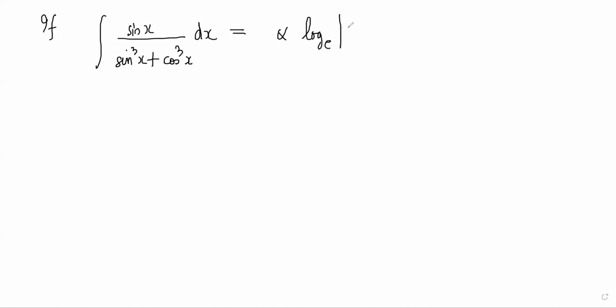If the integral of sin x by sin cube x plus cos cube x dx is equal to alpha log base e of 1 plus tan x plus beta log... Actually, I don't know, the last part of this is not very clear.